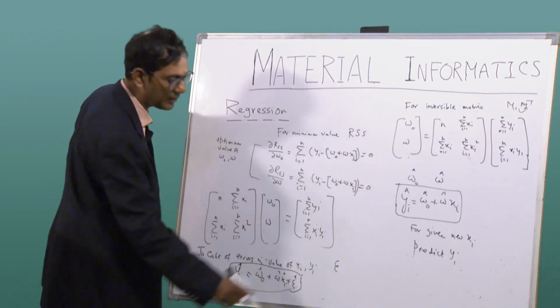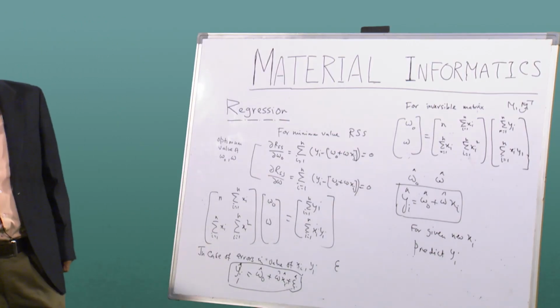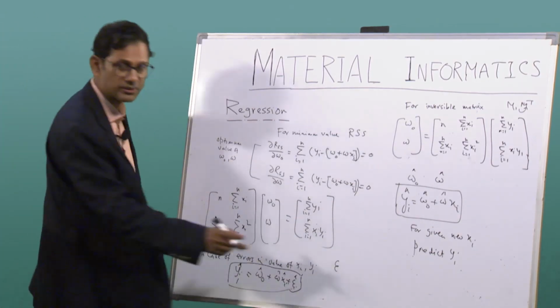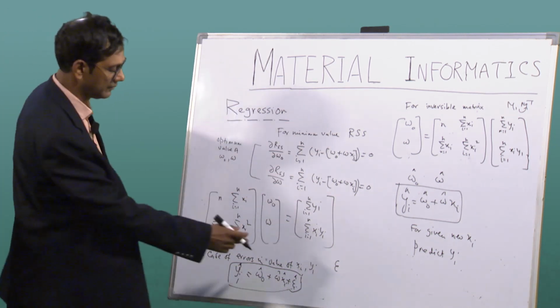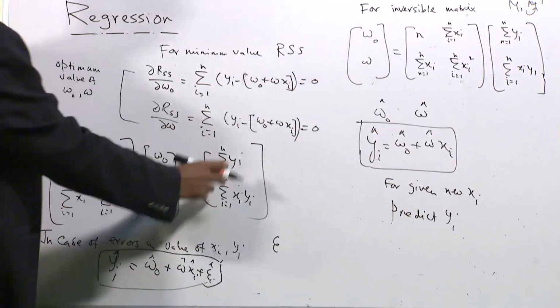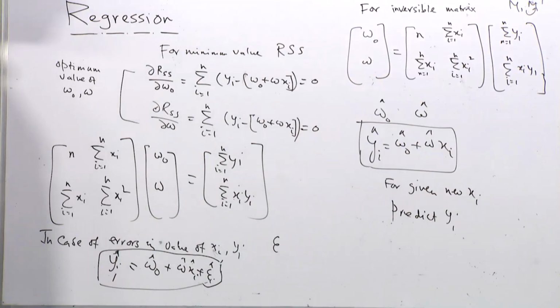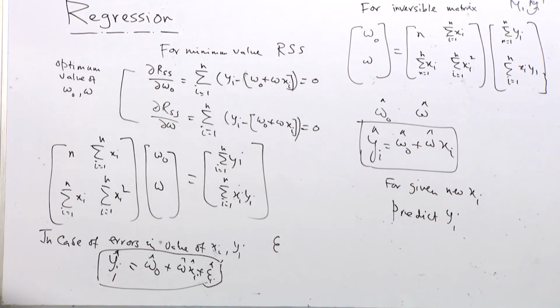If you want to incorporate error into your analysis, simply it will have a new column in the matrix other than these three. Okay. So, this is the mathematical analysis of regression, how it can be done. Am I clear?